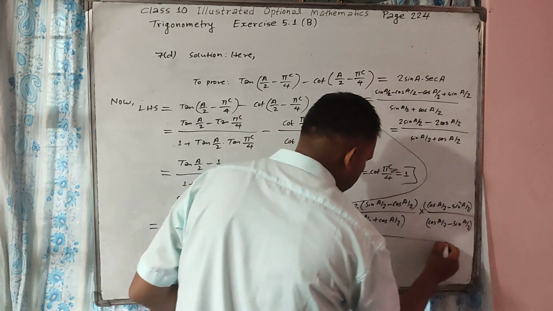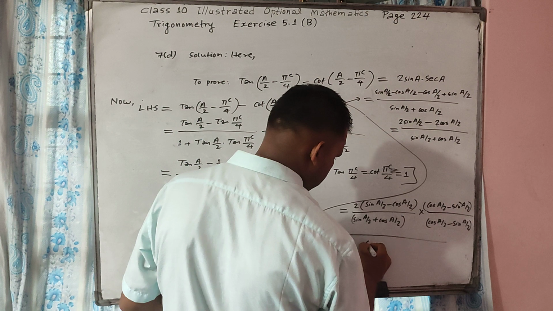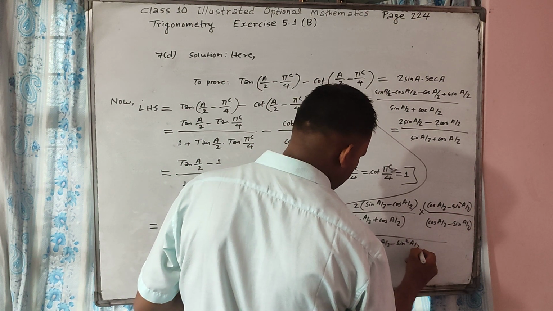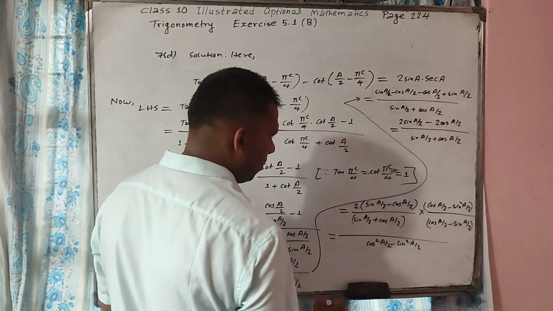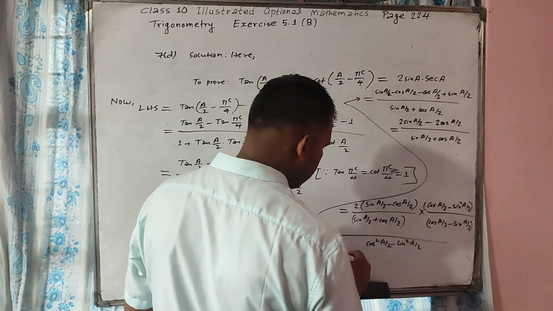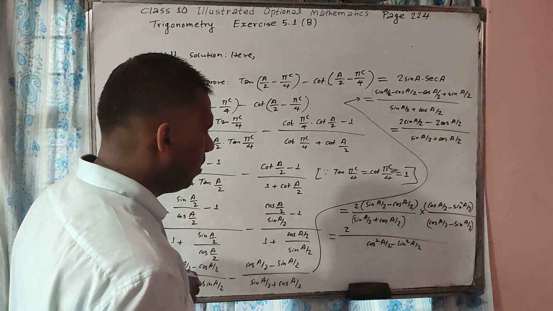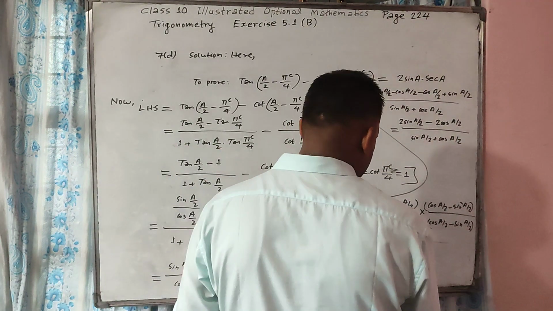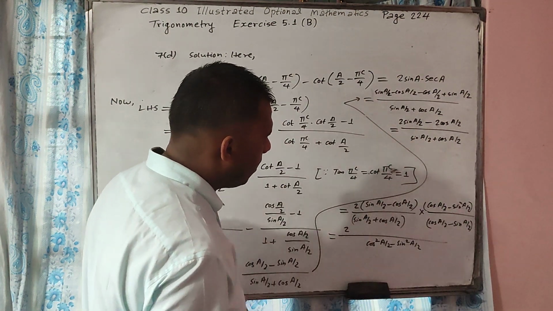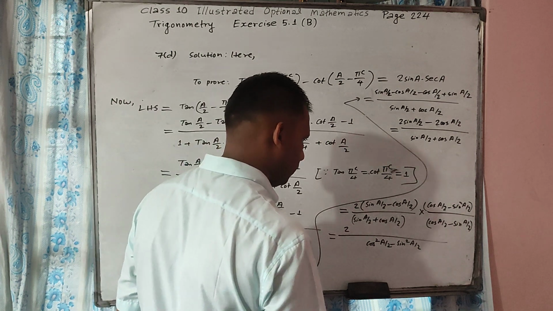On denominator cos A by 2 minus sin A by 2 into cos A by 2 plus sin A by 2, it becomes cos square A by 2 minus sin square A by 2. On numerator 2 (cos A by 2 minus sin A by 2).